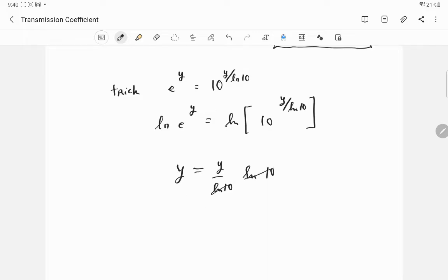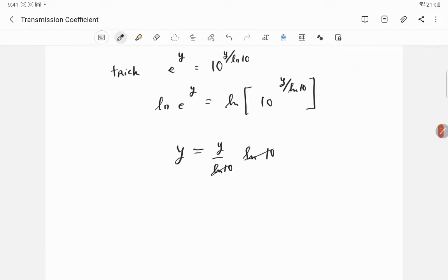The natural log of 10 cancels and you get y equals y. So my assumption was the right assumption. The assumption leads to what you might say is a triviality. So that means my assumption was true. So that's our trick.